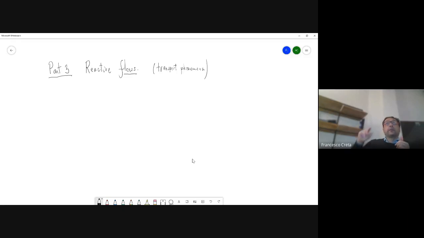Therefore, if there is a variation in space, there are gradients. So that's a very short introduction to what we're going to be looking at. I hope you can still hear me.